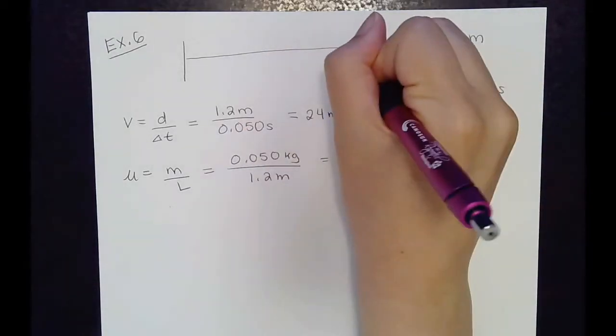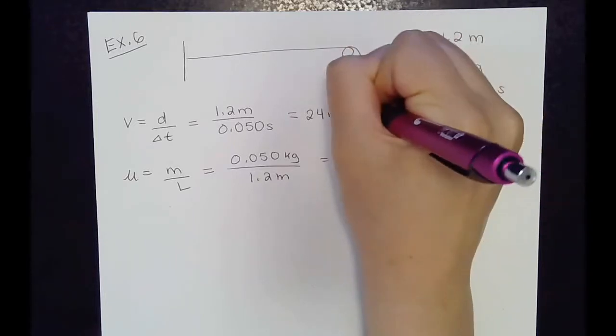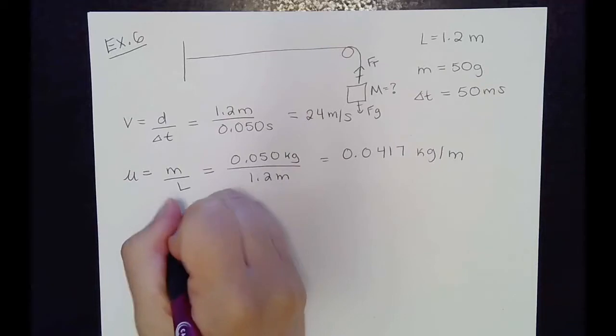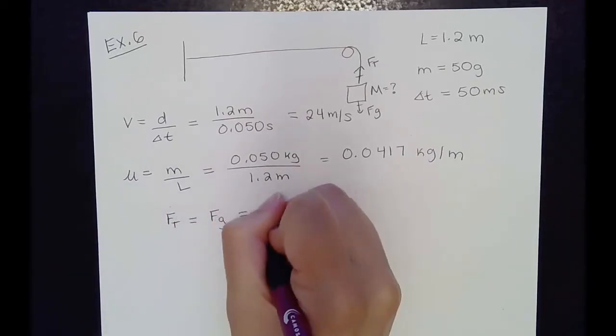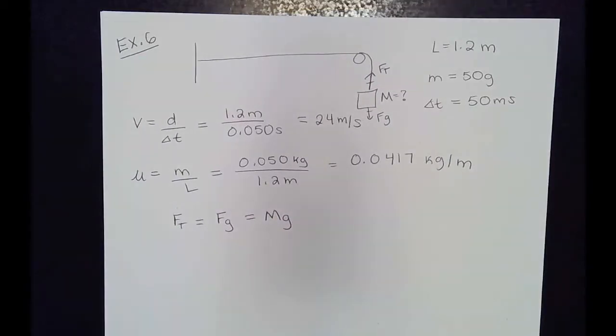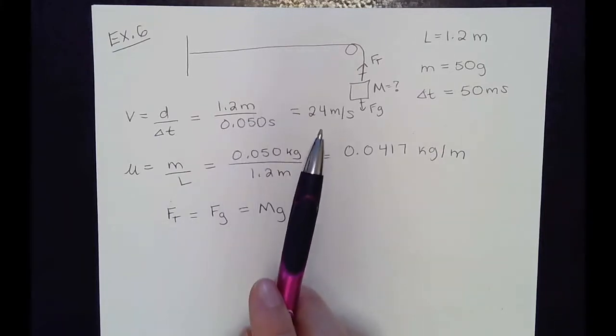Now this mass is what we're looking for, and this mass creates the tension in the string. So we have tension here, and then the weight, and they will be equal because of Newton's first law since it's at rest. So we'll have Ft equals Fg, which is that suspended mass times g. For now we're looking at cases where the tension is the same throughout the string.